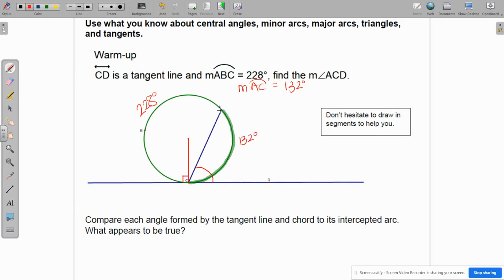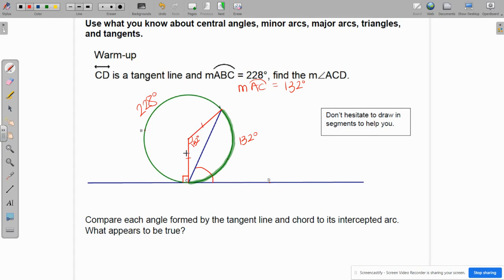Now keep in mind that if this arc is 132 degrees, then the central angle that intercepts that arc, which is this angle right here that goes from A to the center to C, is 132 degrees as well. Notice that we just created a triangle. In fact, it's an isosceles triangle because this side and this side are both a radius of the circle, so they're congruent to each other.